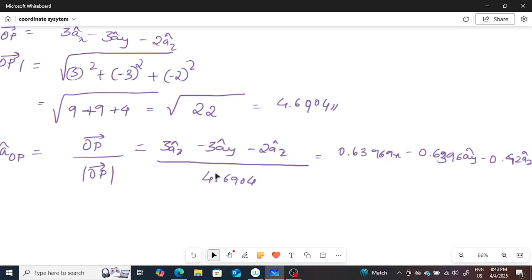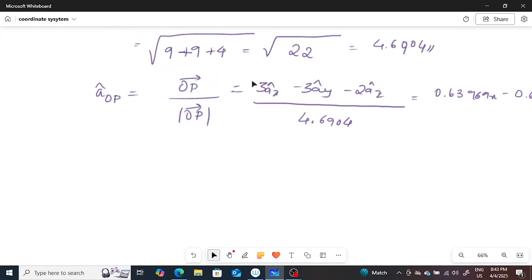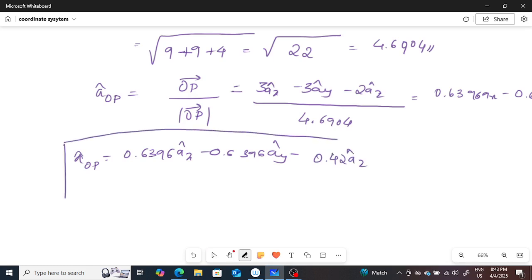So the asked unit vector is 0.6396ax minus 0.6396ay minus 0.42az. This is the solution for the problem.